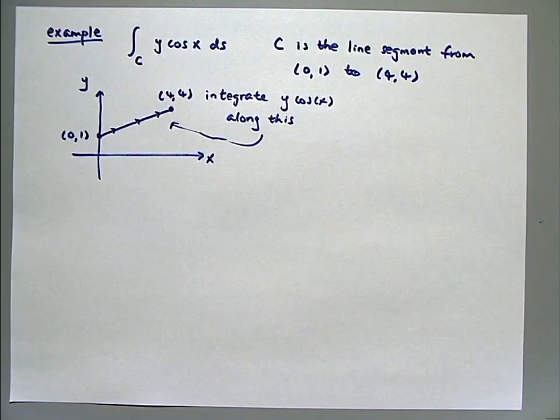Okay, so let's follow what we did on the previous page. First thing we want to do is to parameterize this curve C with a parameter t.